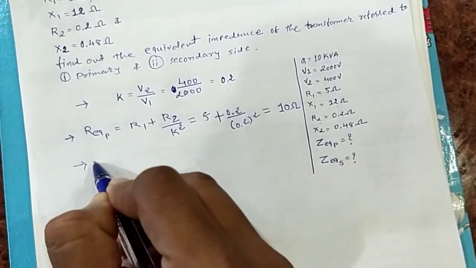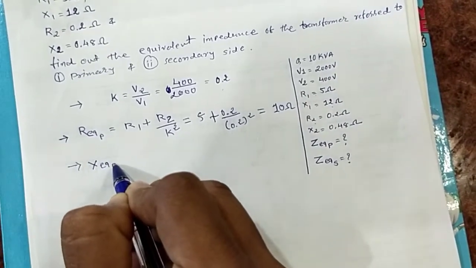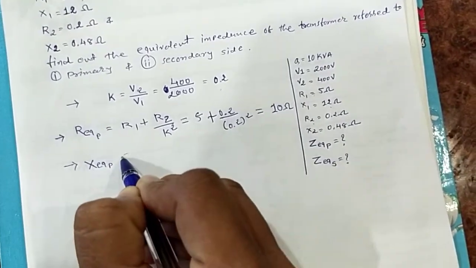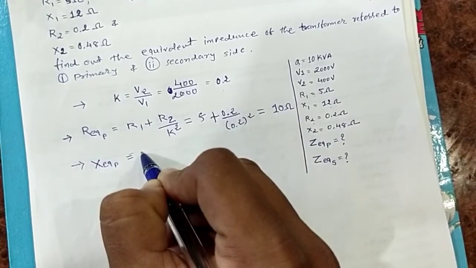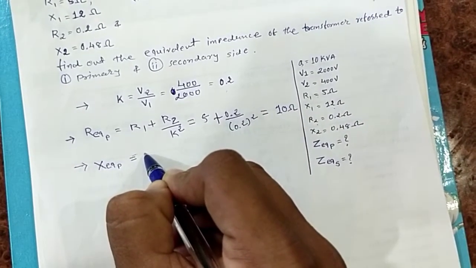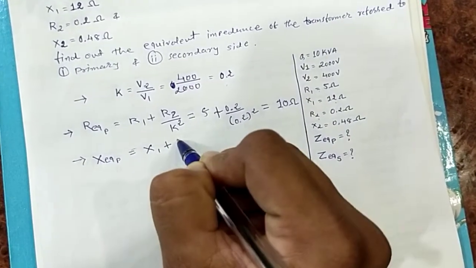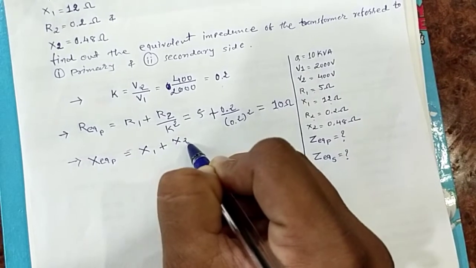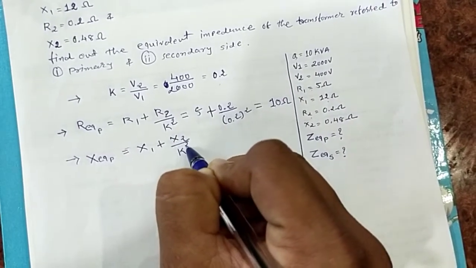Next is the reactance of primary. Again, the equation of reactance of primary is X1 plus X2 divided by K square.